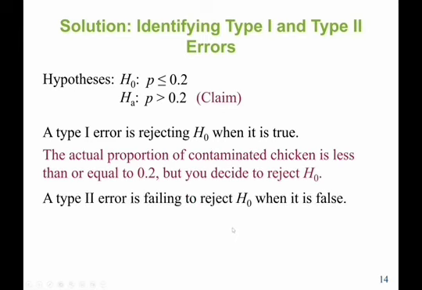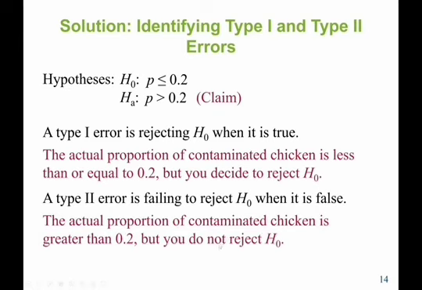Type 2 error occurs when we fail to reject a false H0. Here, the actual proportion of contaminated chicken is greater than 0.2, but we do not reject H0. So that will be a type 2 error.